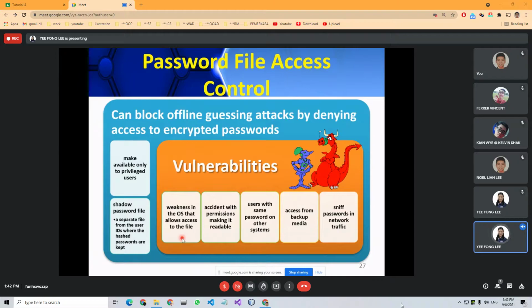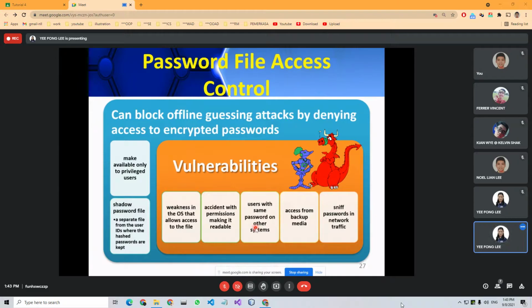So they will find weaknesses in the computer system or database management system that allow them to access the file. Second, accidents of permission: we might accidentally allow access to the files, which can unintentionally compromise all our accounts.